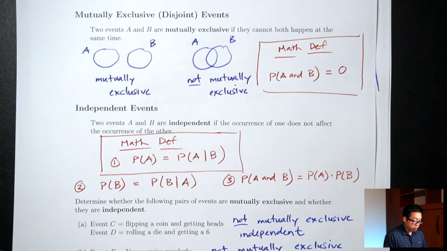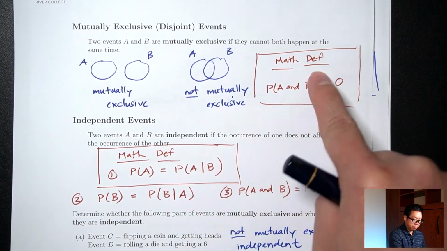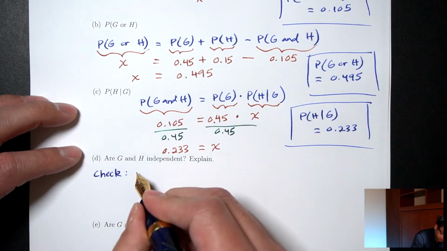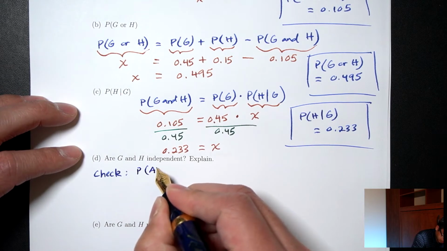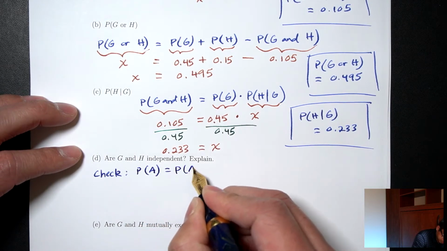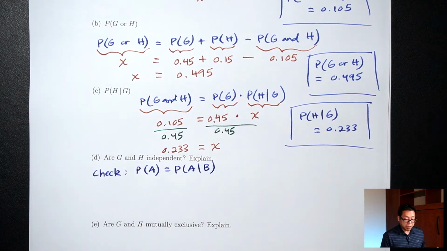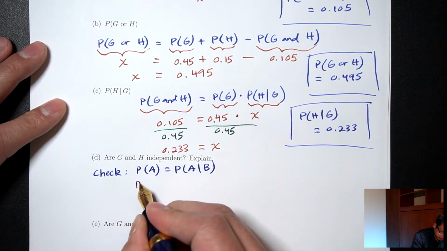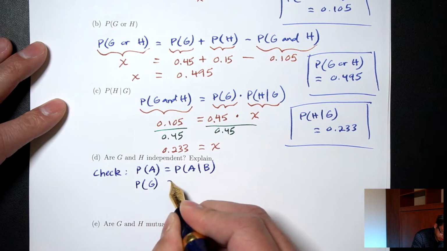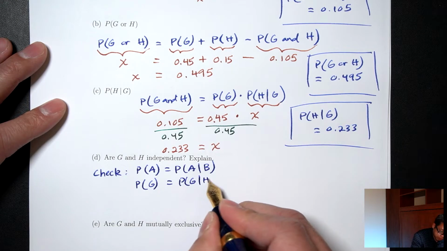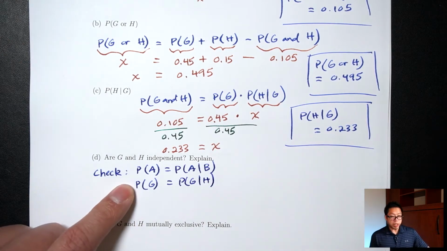This one: probability of A equals probability A given B. Because we're talking about G's and H's here, let me replace the A with G and the B with H.